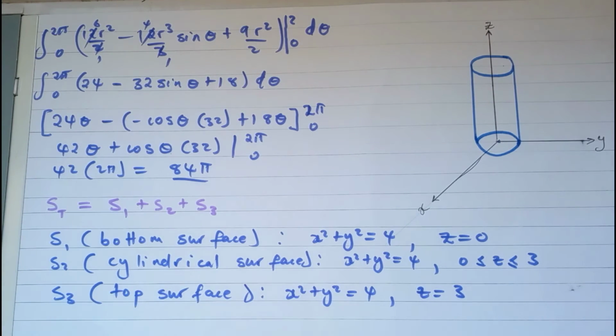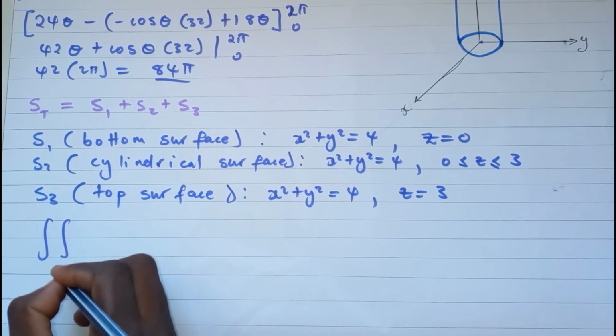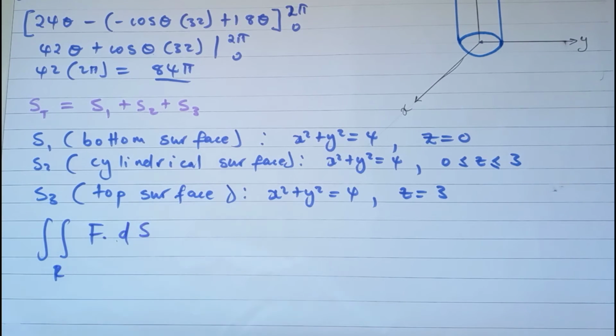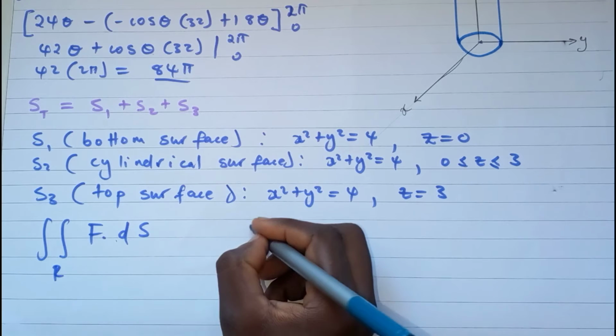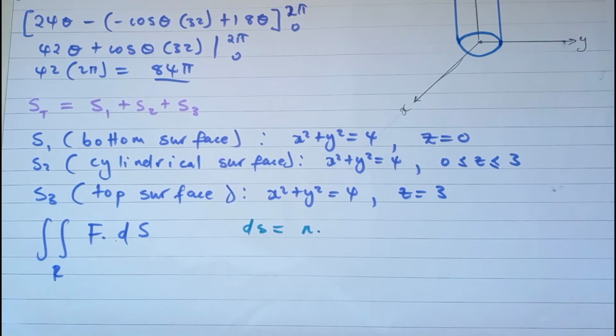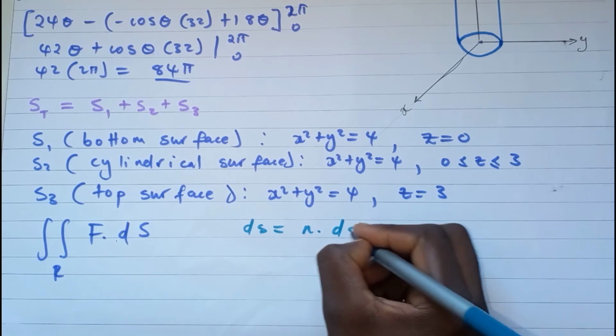Okay, so remember our formula, we said the total flux is equal to the double integral of F dS. And you know what is dS. Let me write here. dS is equal to the normal times a small dS.